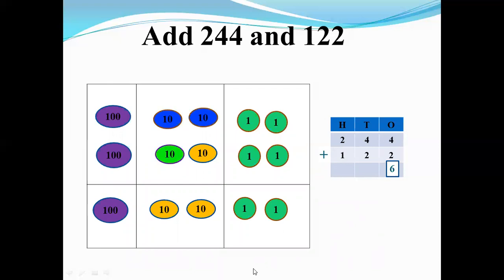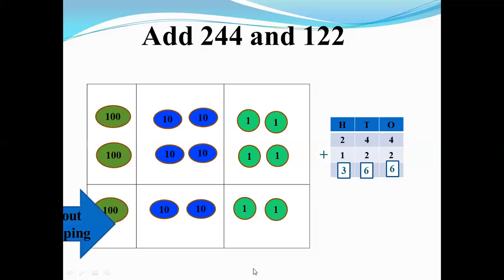We have 4 tens and we have 2 more tens. 4 plus 2 will make 6. We got 6 tens. Then we will add hundreds. We have 2 hundreds and we have 1 more hundred. 2 plus 1 will make 3 hundreds. So here we have got the answer 366.